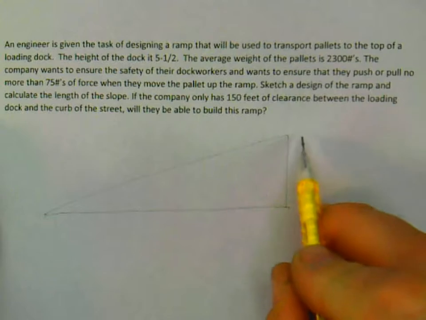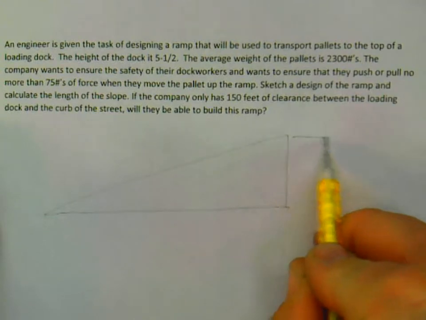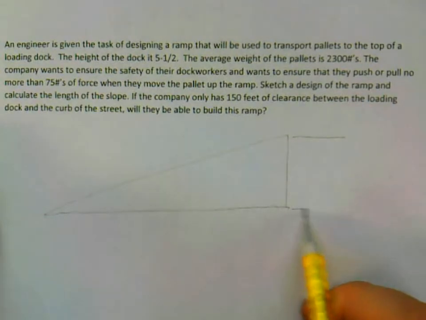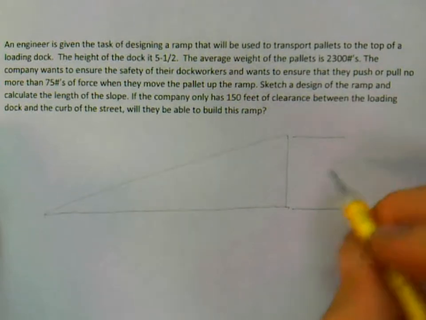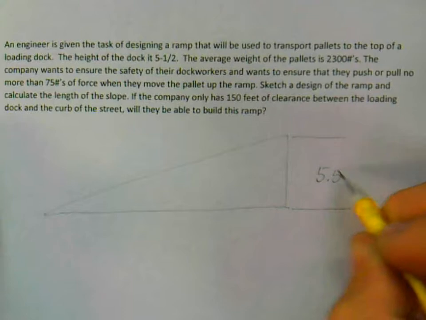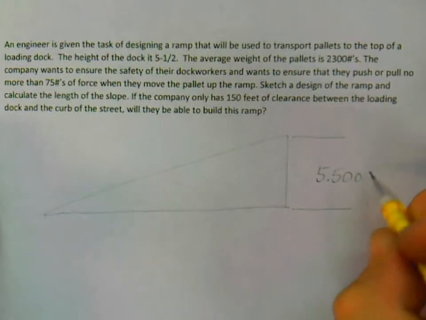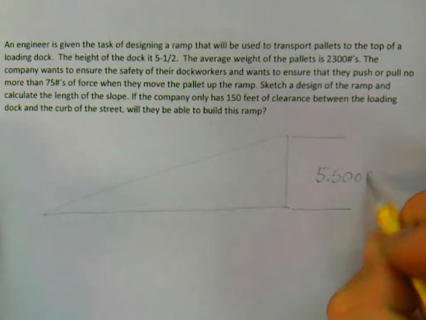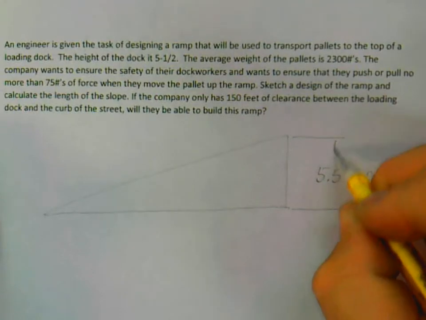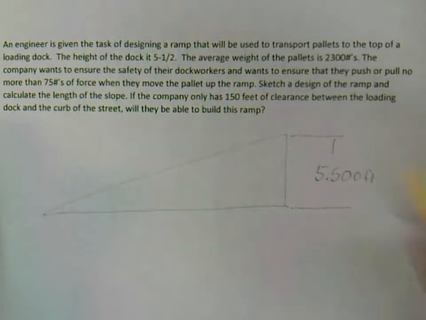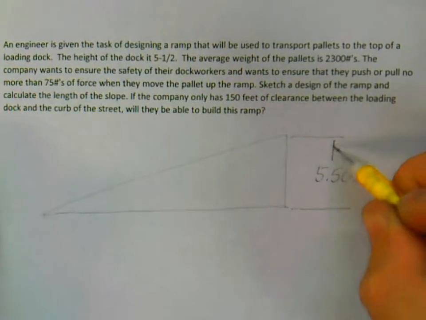So I'm going to draw my extension lines here, and that we know is the height of the dock, which is 5.5 feet. I'm going to go ahead and convert that to decimal, 5.500 feet, and draw my dimension lines for that dimension. Notice my dimension lines have the arrowheads that I'm going to put on there.